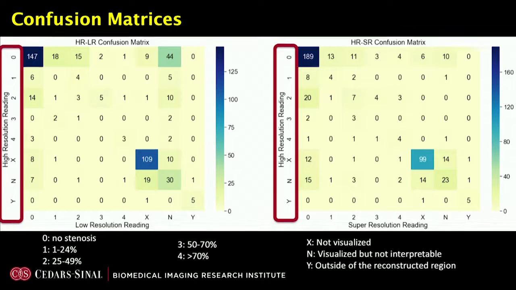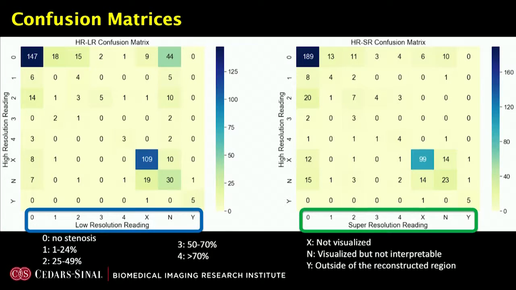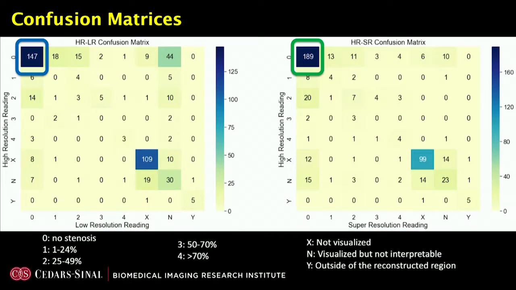So this is the confusion matrix where we're comparing the reading from the high resolution original MRA to the low resolution reading and also the super resolution reading. I think there are some notable findings where we can see the top diagonal component are much higher with the super resolution comparison, which basically means the super resolution readings are closer to the original resolution coronary MRA for ruling out or calling no disease.